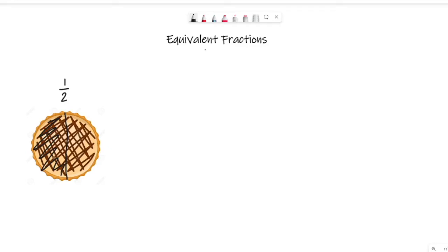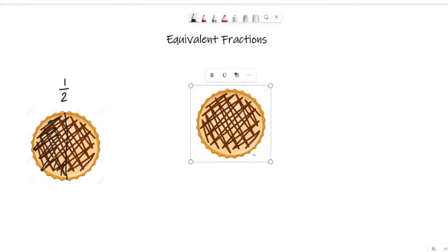This time let's have the same cake again, and let's divide it into four equal parts. And I want to eat the equal amount of cake.